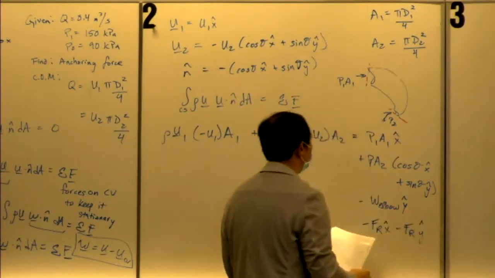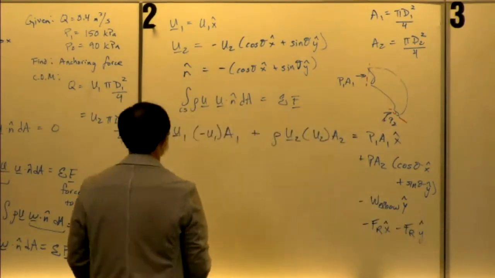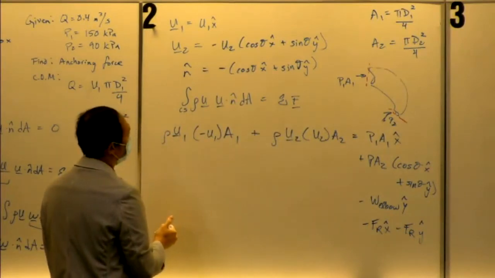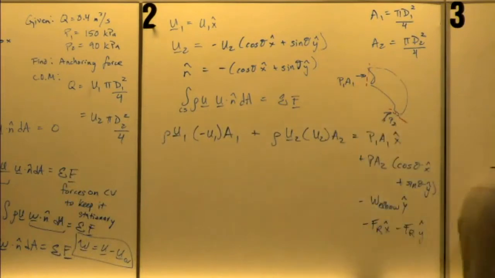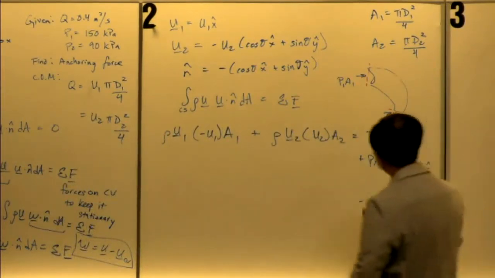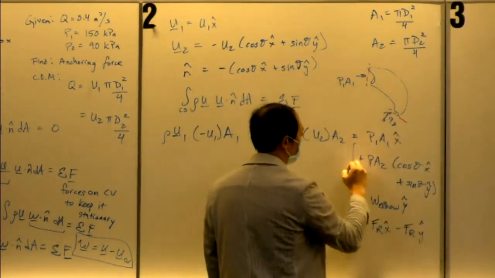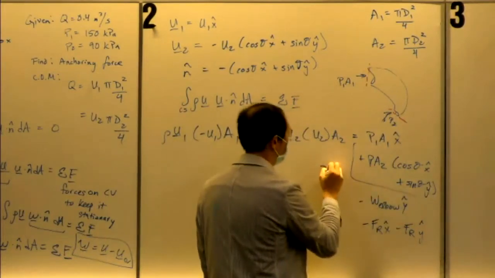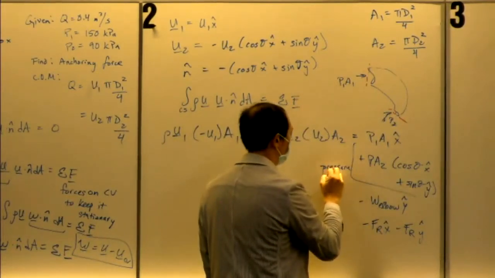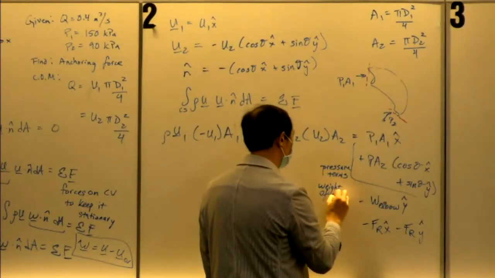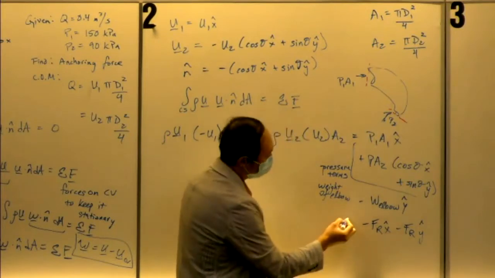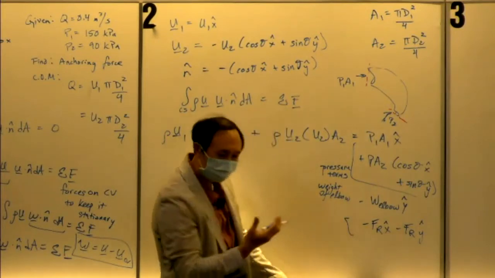And so that's pretty much the entire problem. These are pressure terms. The weight of the elbow was given in the problem. And then you have this last term here to make sure that it balances.